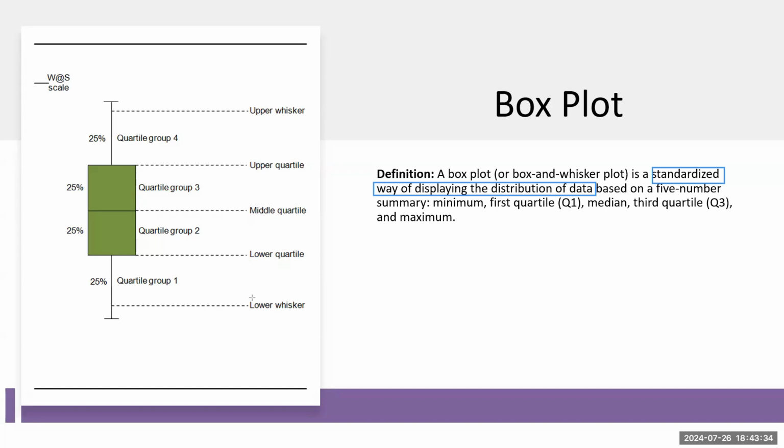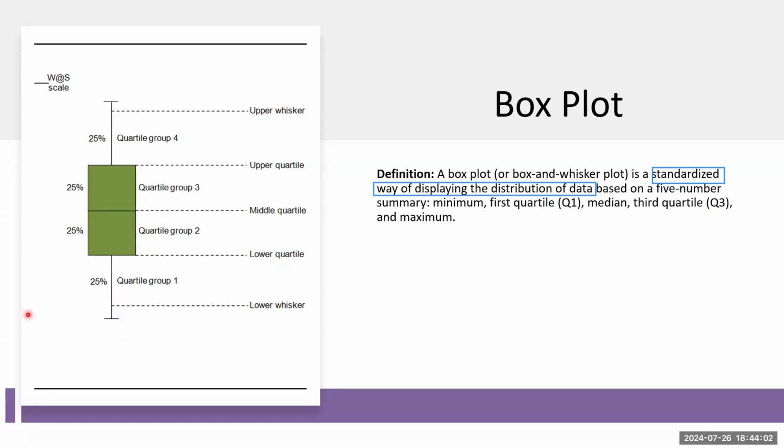The minimum. Lower. Okay. The maximum. Here, around here. And then first quartile, median, third quartile, and maximum. So let's look at this diagram. It makes it easier. So the lower tier of distribution.